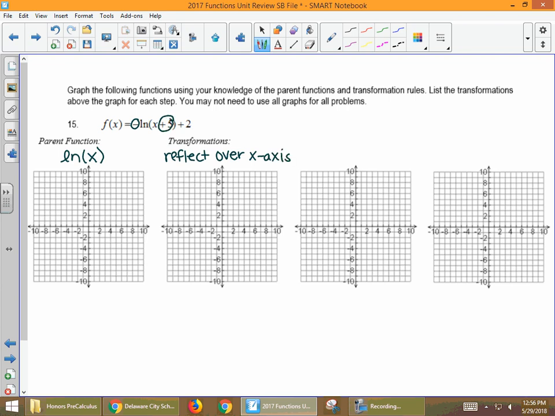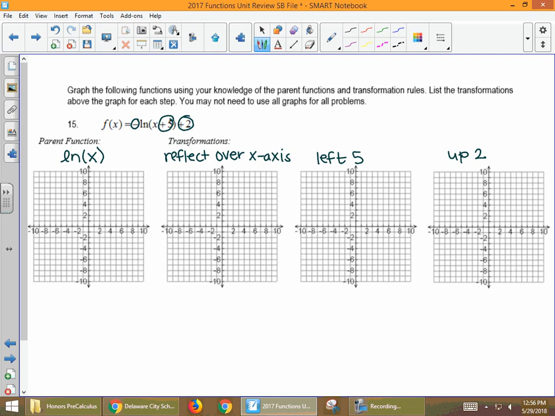Plus 5 on the inside is telling us to move our graph left 5. And plus 2 on the outside tells us to move our graph up 2 units. Impossible to do this without graphing your parent function correctly.